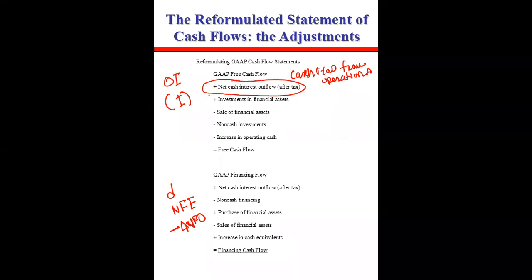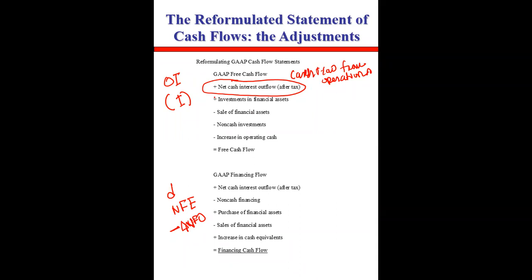We just have discussed about it. We will separate it out to the financing part. That's why we are adding back, because we know that the net cash interest payment has been subtracted when we calculate the cash flow from operations.